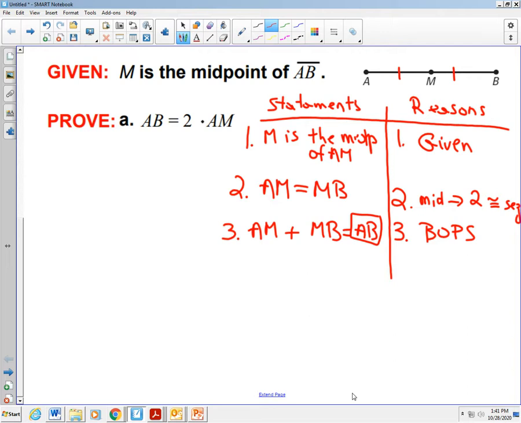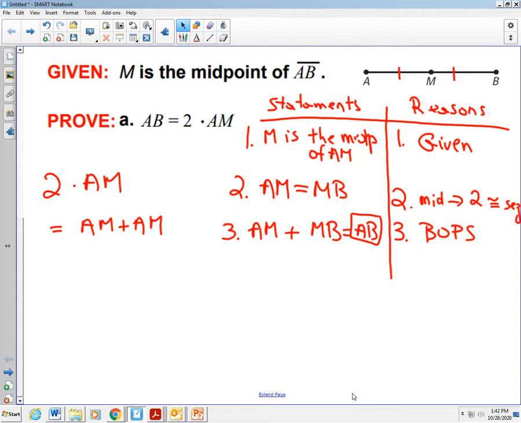Now, 2 times AN is the same thing as AN plus AN. Think about this. Think about algebra. Isn't 2x the same thing as x plus x? Again, 2 times segment AN is the same thing as AN plus AN.